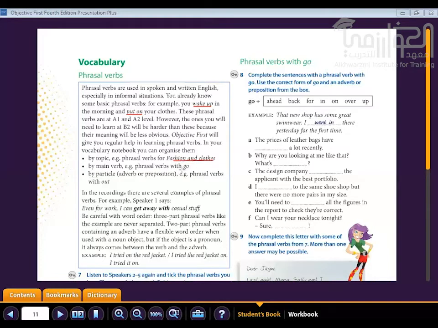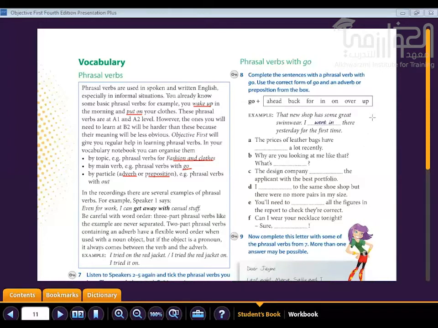You can take the verb go and then give us all the phrasal verbs we can get using the verb go. Or you can use them by particle. That's what I mean by adverb or by preposition. So like, for instance, the word out, like go out, for instance. Okay, it's an example.